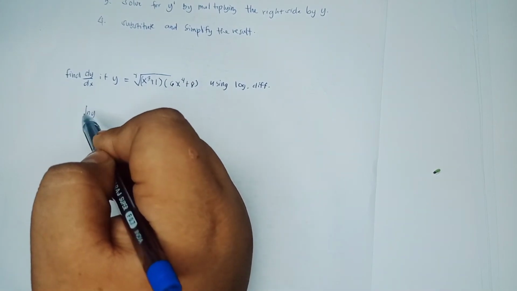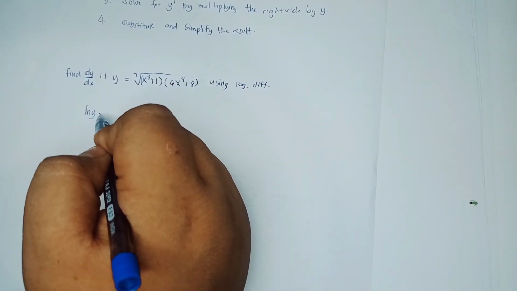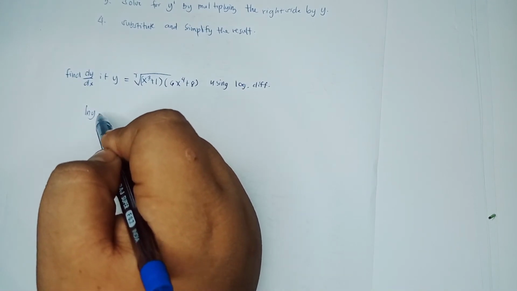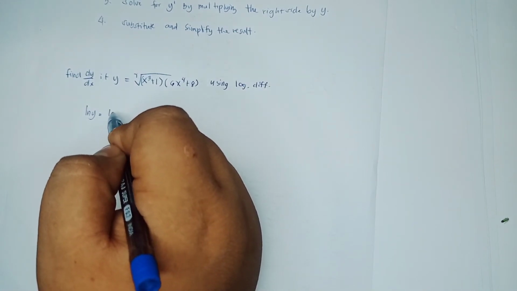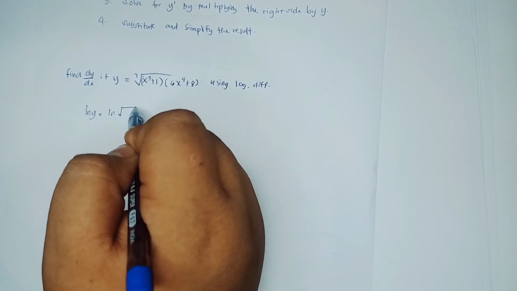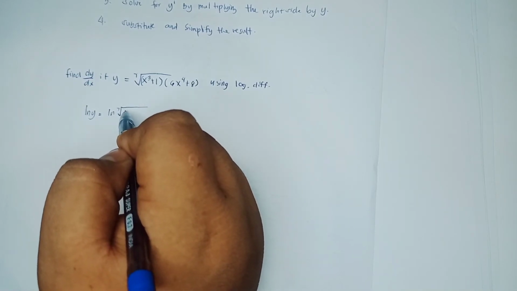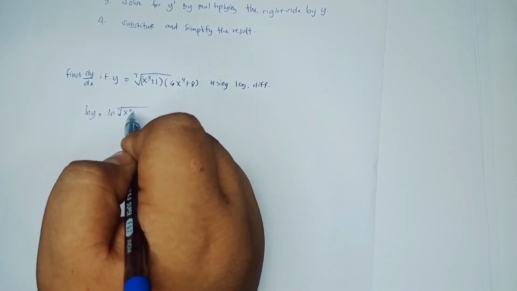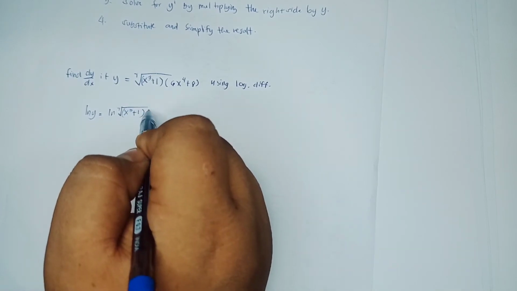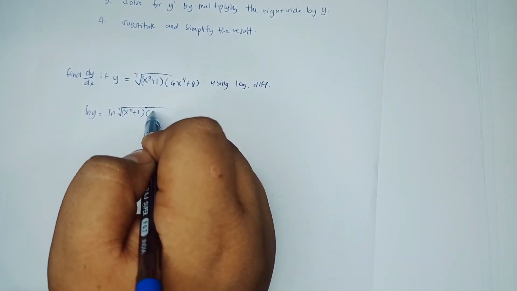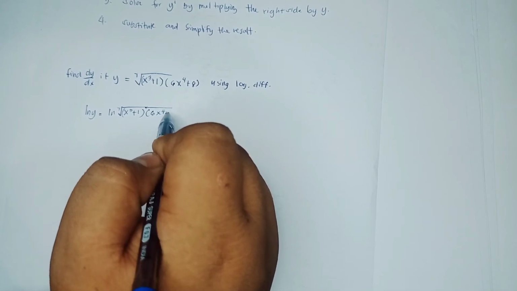ln y is equal to ln of the 7th root of x raised to 3 plus 1 multiplied by 6x raised to 4 plus 8.